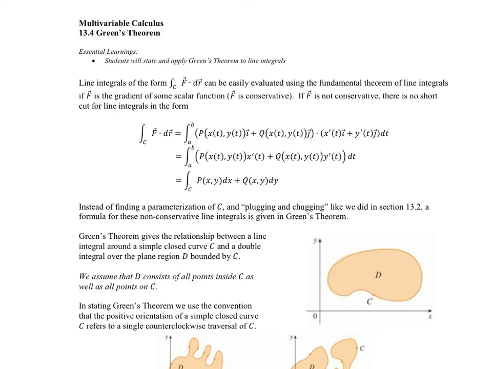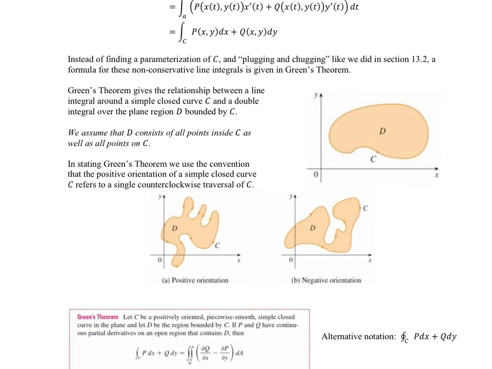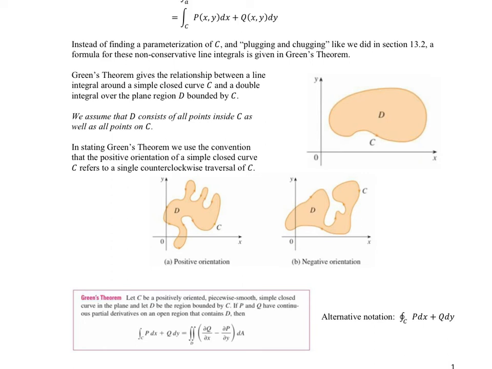The issue is that you need a curve that is closed. So you need a curve as it's drawn here in these couple diagrams in your notes. We need a curve that is going to start and end at the same point, and that it traverses through that one time. So Green's theorem is a possibility in a situation like this.